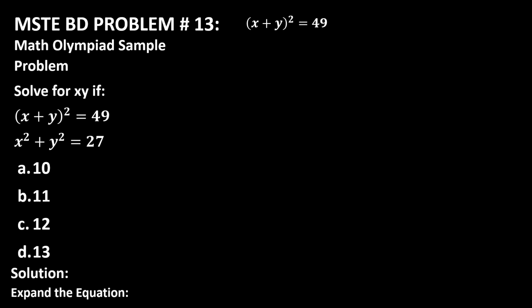But how do we expand? Actually, we can only expand this given equation by applying the square of binomial under the special products topic of special products and factoring, chapter 3 of college algebra.